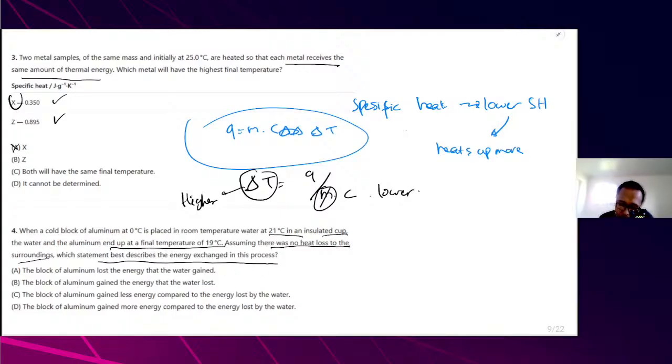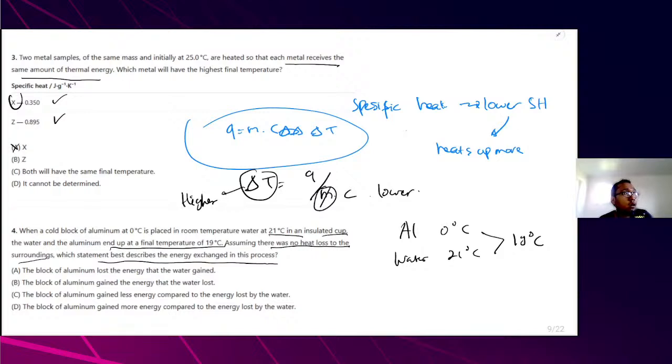As you can see, a cold block of aluminum at 0 degrees Celsius is placed in room temperature water at 21 degrees Celsius, and when we combine them, the final temperature is 19 degrees Celsius.